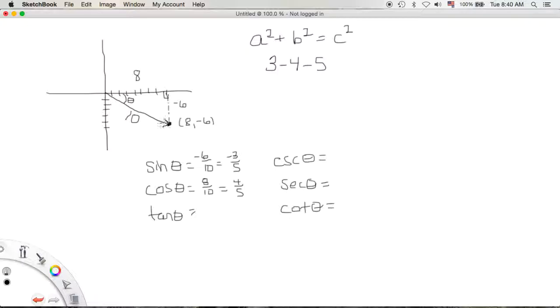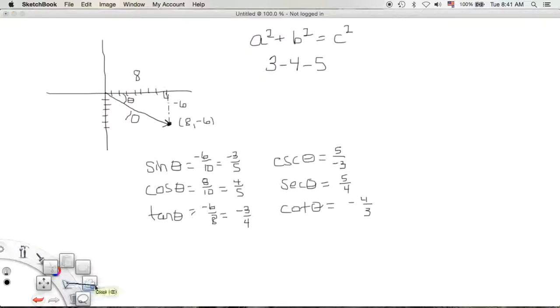And the tangent is opposite over adjacent. So that's -3/4. Now, cosecant, remember that's the reciprocal of the sine. You can go back to the triangle and do hypotenuse over opposite, or you can just simply take the reciprocal of the sine. The secant is the reciprocal of the cosine, and the cotangent is the reciprocal of the tangent. And so there we have all 6 trigonometric ratios for this angle formed by the x-axis and a ray that goes to the point 8, -6.